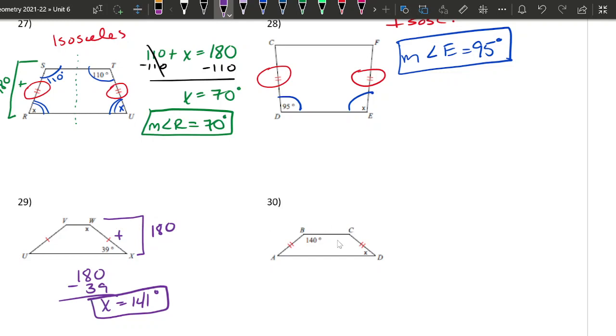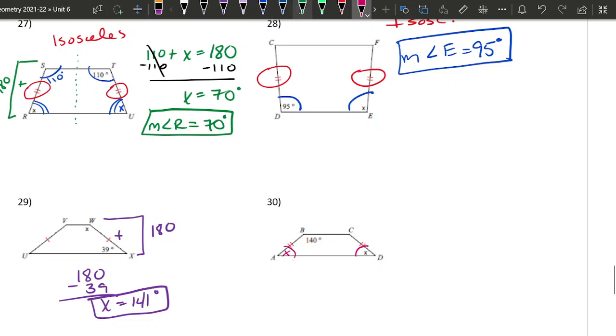All right, last one for trapezoids. This one's like number 27. It's isosceles, and I see that base angles are congruent, so I know that angle D is congruent to angle A. So angle A is also x.